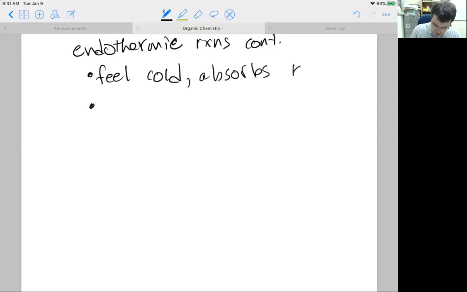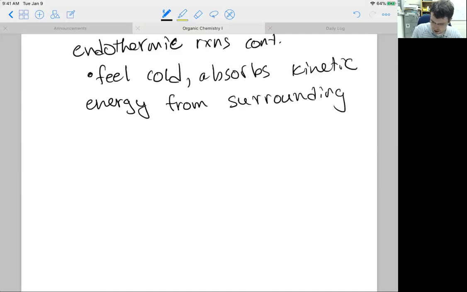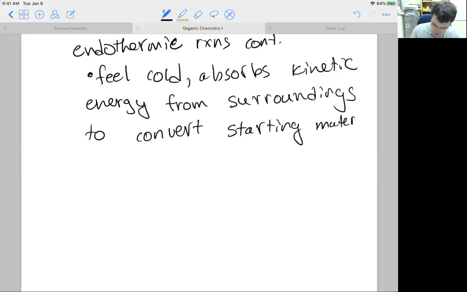It absorbs kinetic energy from the surroundings, which is like our hands if we're touching it and it feels cold, or a little bit from our thermometer, although a thermometer doesn't give off as much as our hands do, from the surroundings, and to convert starting materials into products with higher potential energies.